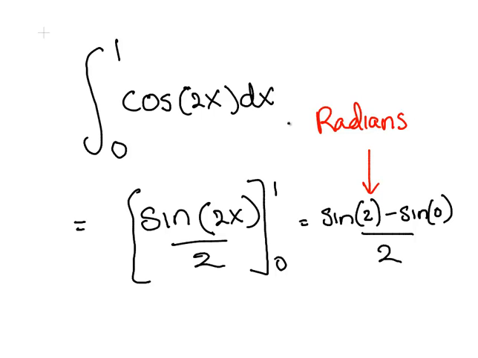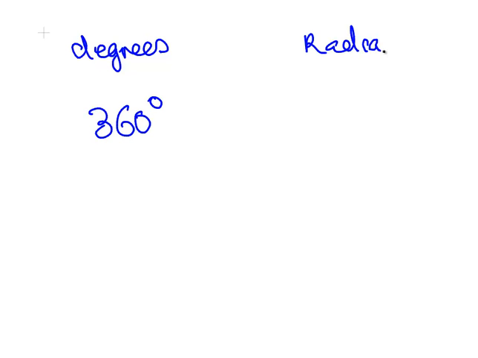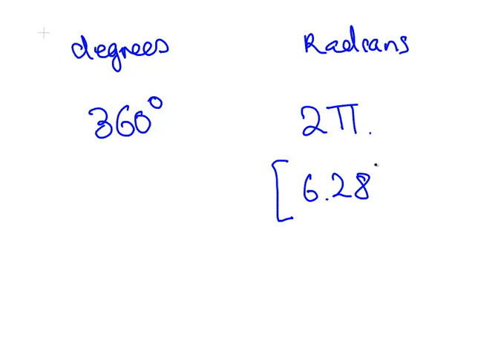Just as if you're used to working with degrees, for example, 360 degrees in radians is 2 pi, around 6.28.